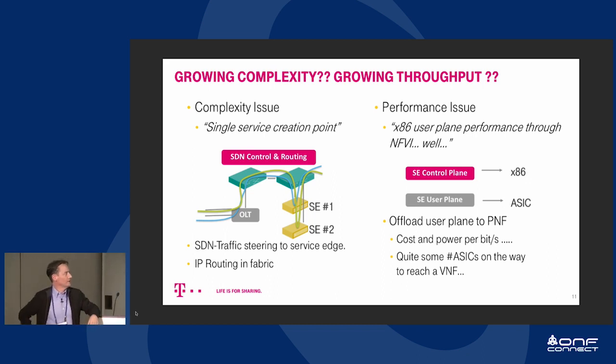2 things. The complexity issue. I mentioned already that the BNG is probably the coolest thing in the network, but it's a single service creation point. It's a single point of failure. So if you directly attach your OLTs to the BNG, you need to produce all services at this point. This is cool in the beginning because you have only one box where you engineer the services on, but the moment you start adding more and more services on it, it gets complex because, for instance, your line cards need to be able to support every service, all the QoS profiles, and sometimes you have dependencies between different types of customers.